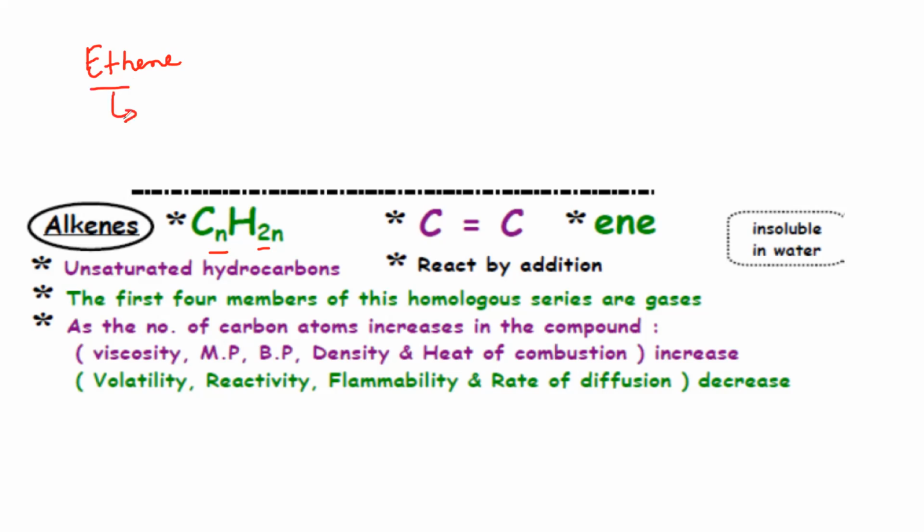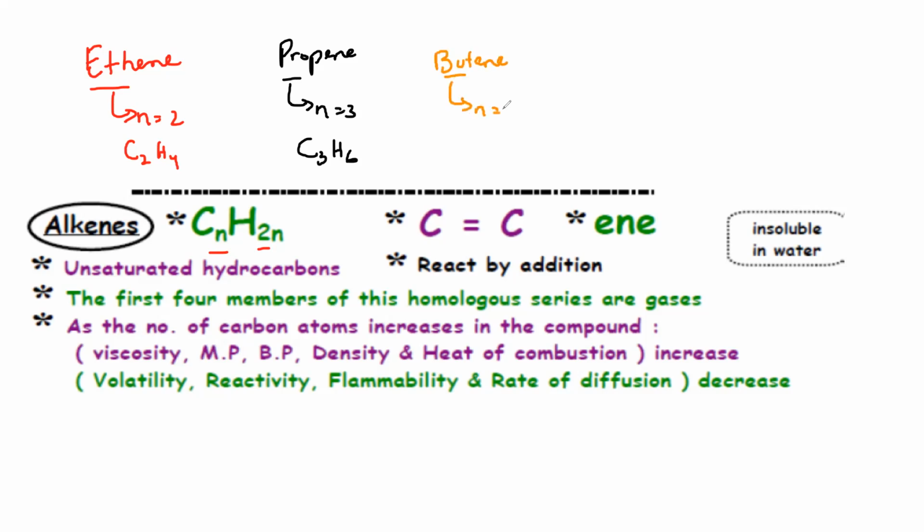Eth means the value of n is equal to 2. So it will be C2 and H2 multiplied by 2, so C2H4. Same thing, propene, the second member of the alkenes. Prop means n is equal to 3, so it will be C3H6. Then butene.